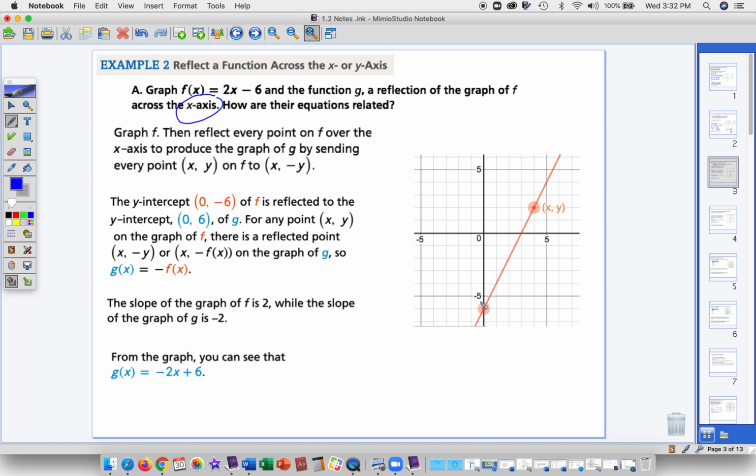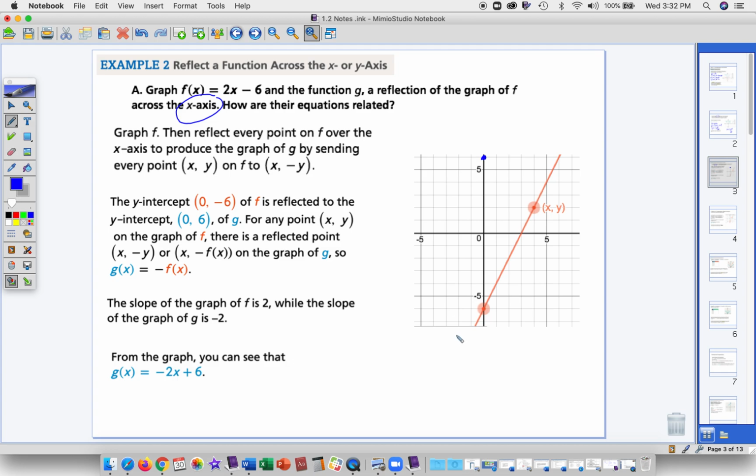We only need a couple points to graph a line. If we're flipping over the x-axis, I'll start with this y-intercept, 0, negative 6. If I reflect it over the x-axis, it's going to move up to 0, positive 6.